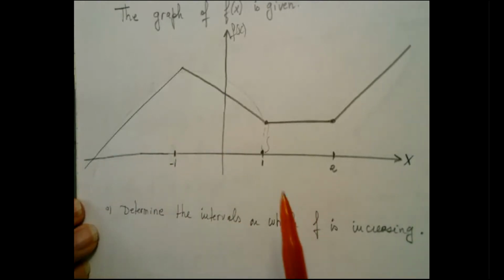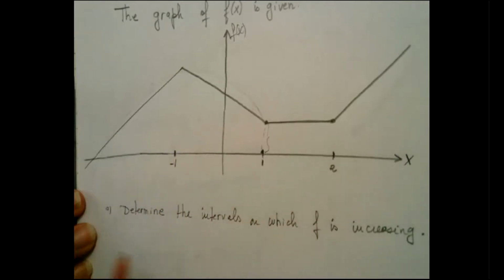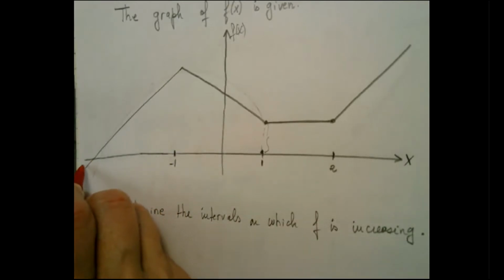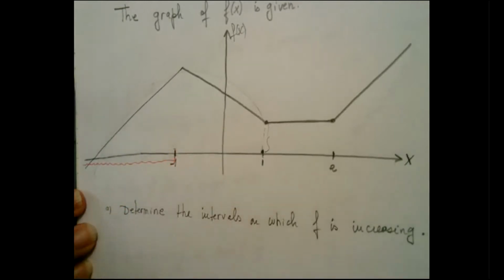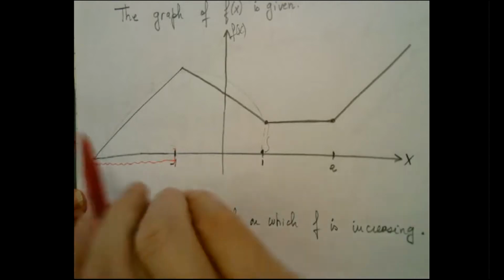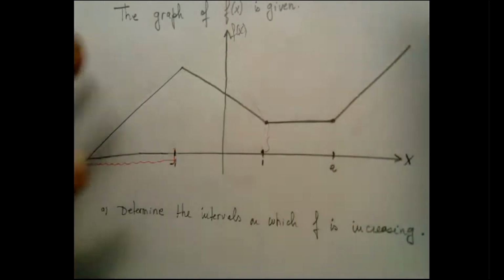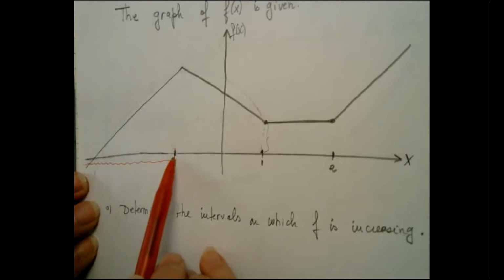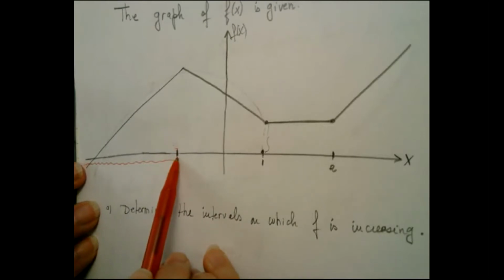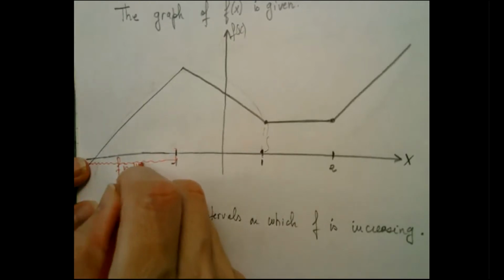Let me make very clear how we answer this problem. Where is the function increasing? It increases all the way up to here. I'm assuming the function is defined for all real numbers, so the graph keeps going and nothing is stopping it. The function increases all the way up to here. So this is where f is increasing.